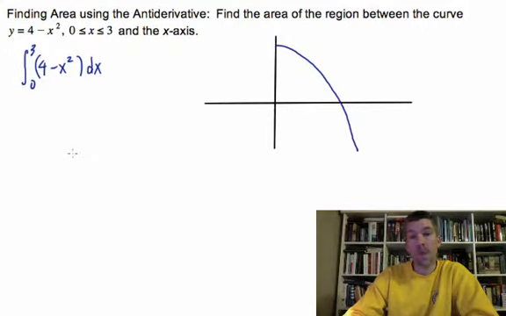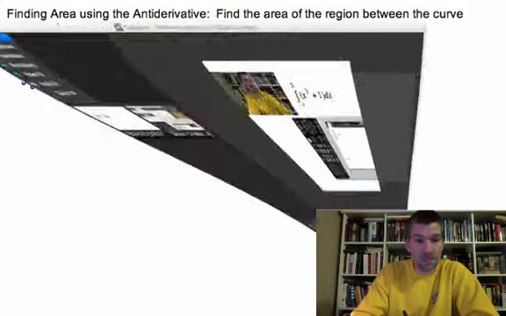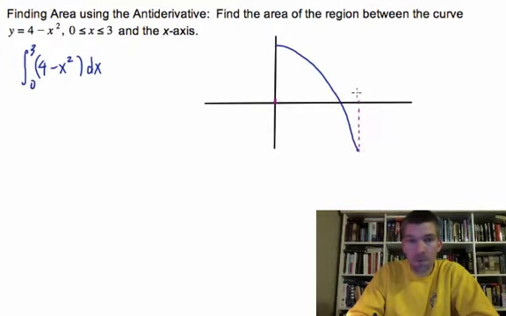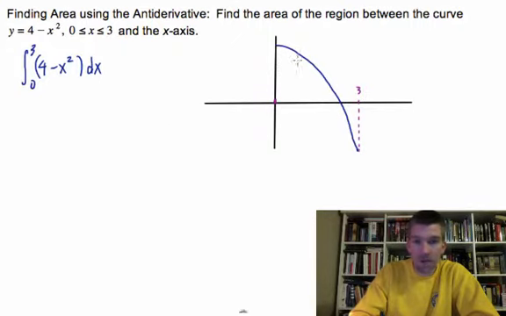Okay. What your calculator did was it said, hey, I'm going to start here at 0, and I'm going to go all the way over here to, I'm sorry, +3. And I'm going to add up this positive area with this negative area.